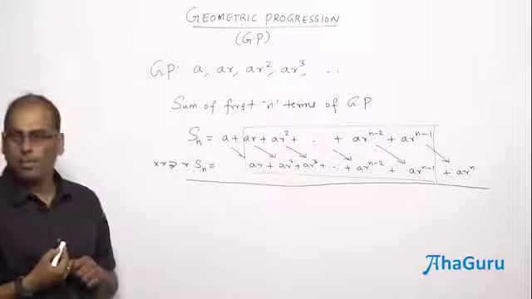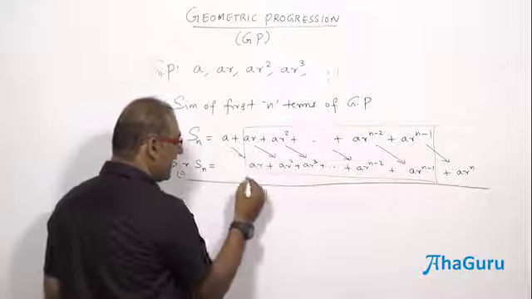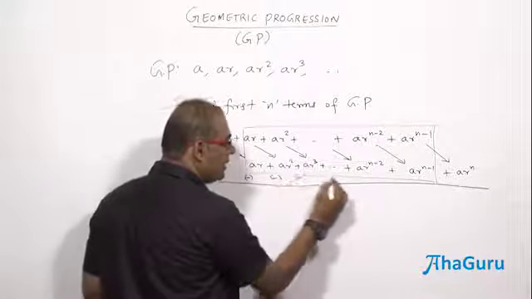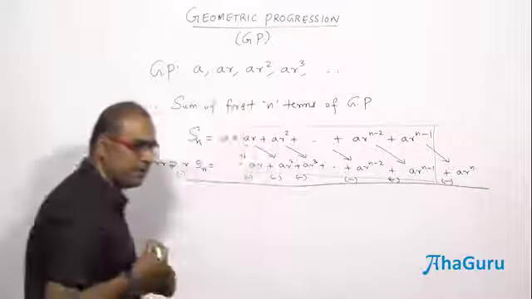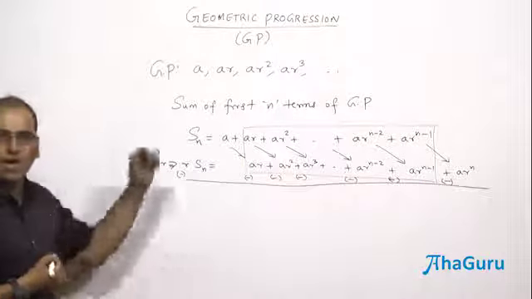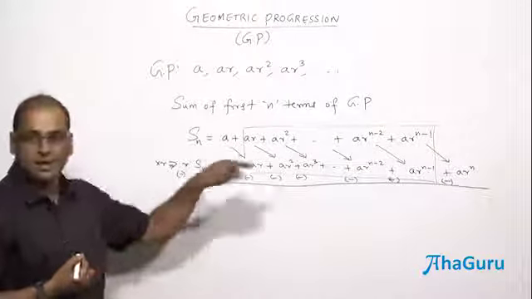Understood or not? So if I am going to subtract, here nothing is there. So this entire middle block, repeating, will cancel. But remember, you need to put minus for this also. Correct? So all will cancel except what on the right hand side? A and AR power n.